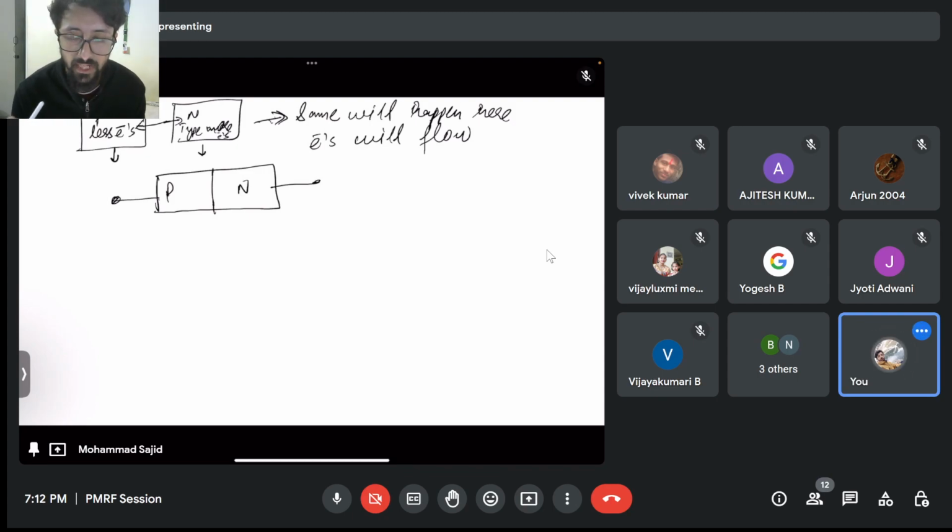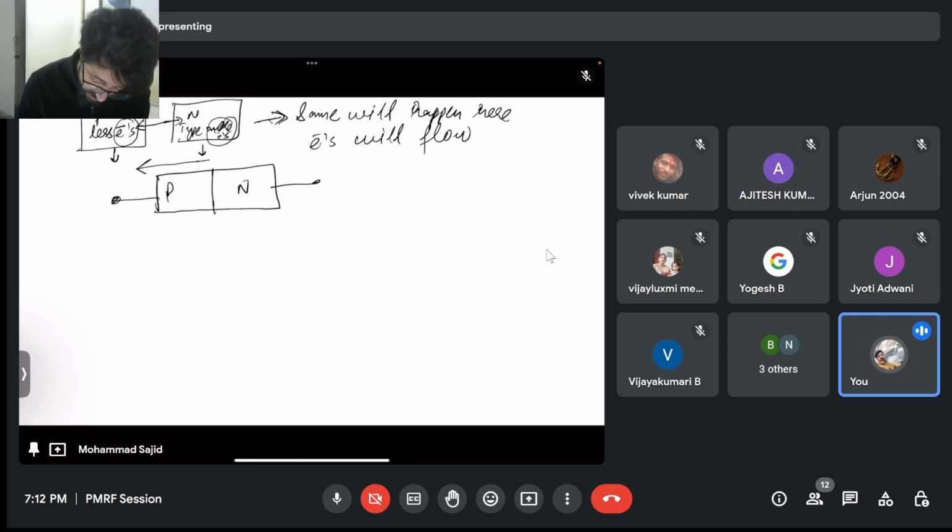But when you connect these two, water will obviously flow from the higher level to the lower level. The same will happen here. Without any bias, if you connect these two, for some time the electrons will flow from N to P, because N has more electrons and P has fewer.